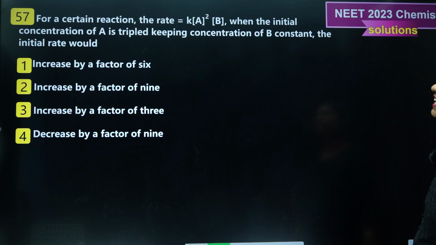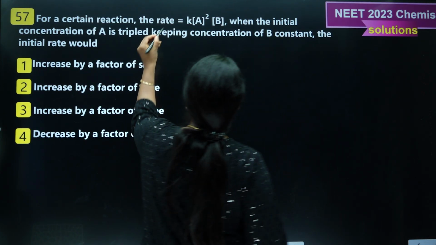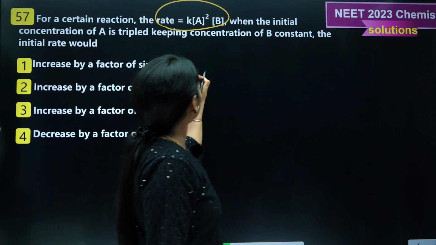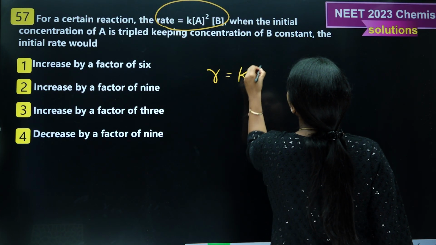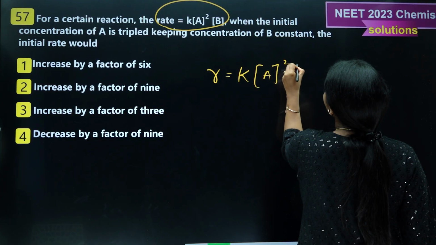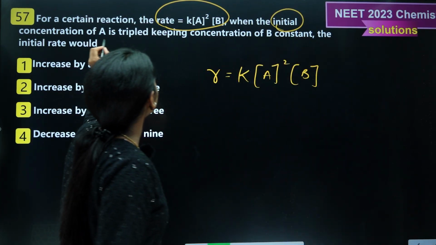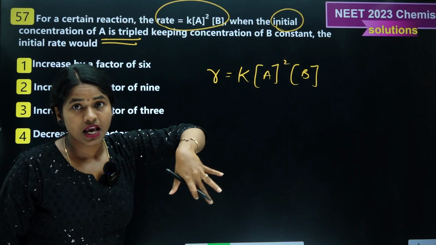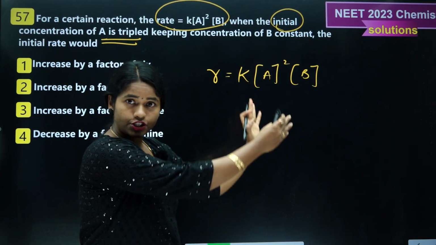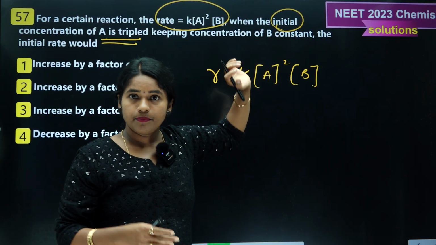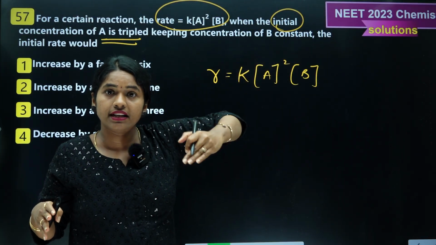Question number 57. For a certain reaction, they have given rate is equal to K into concentration of A square into B. Now they are changing the initial concentration of A. They are tripling it.